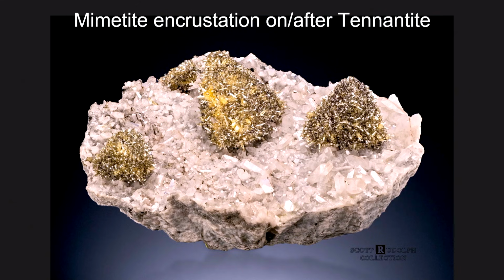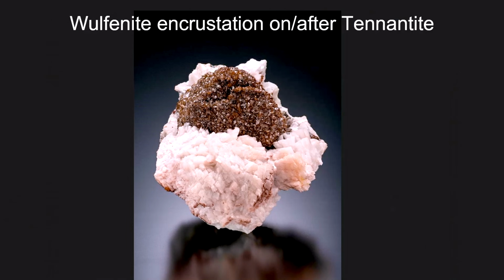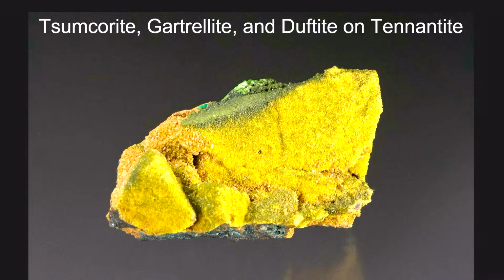In this case, the tennantite has been coated with mimetite crystals. In person, these specimens are extraordinarily sparkly and lovely. And here, the tennantite has been encased in wulfenite. This specimen has multiple species on the tennantite crystal.